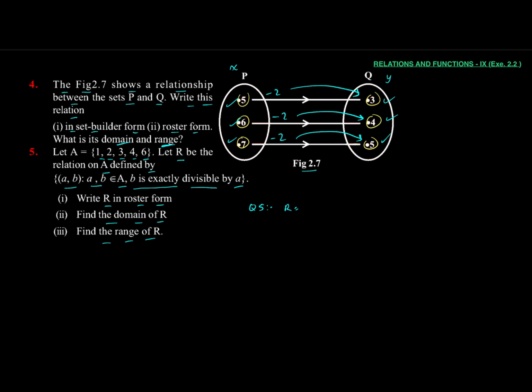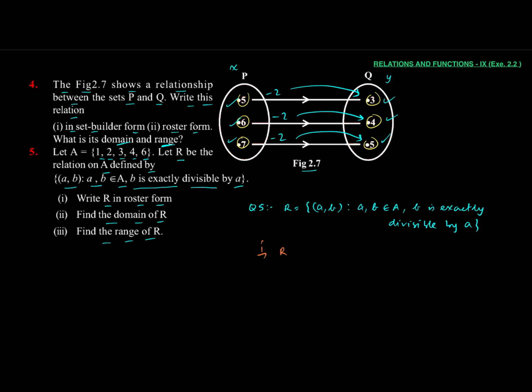Here we are given a relation where a comma b such that both a and b belong to set A and b is exactly divisible by a, which means that the second element should be exactly divisible by the first element.